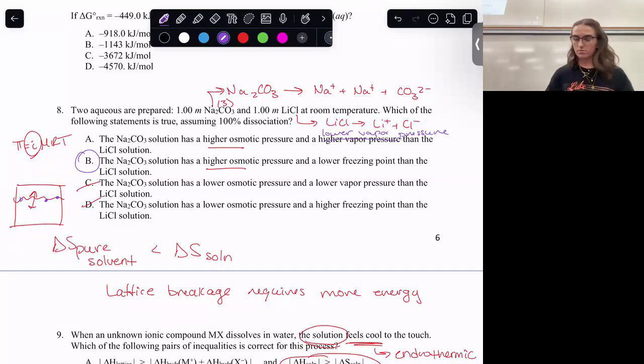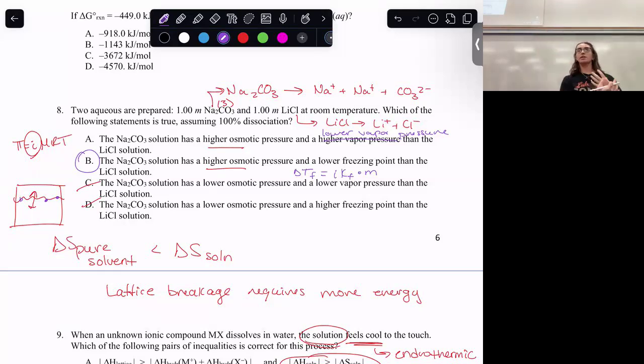And then to prove that lower freezing point is correct, we still have that i component for the freezing temperature. Again, if we think about vapor pressure, we think about things escaping to the gaseous phase.